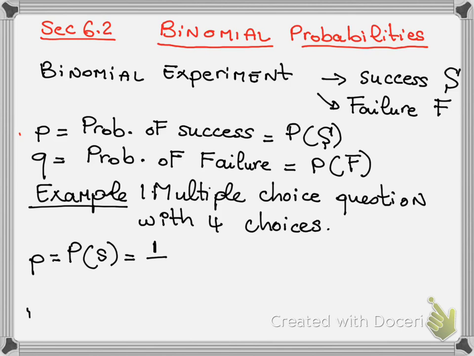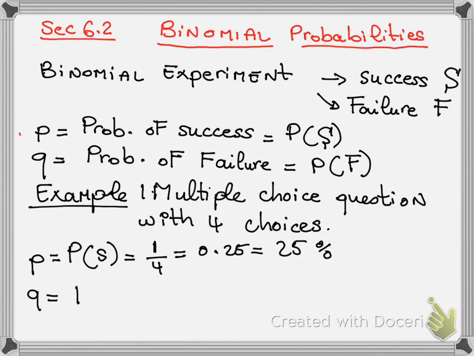So that's 1 over 4, which is of course 25%. Okay, so probability of success here is 25%, again, because you have four choices and there's only one correct answer out of 4.